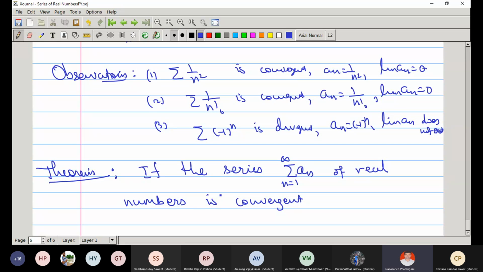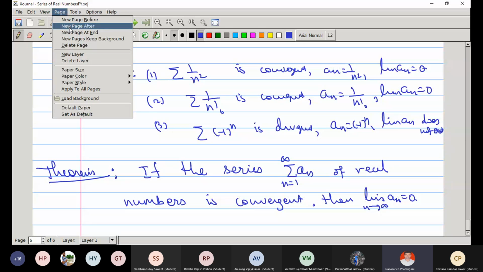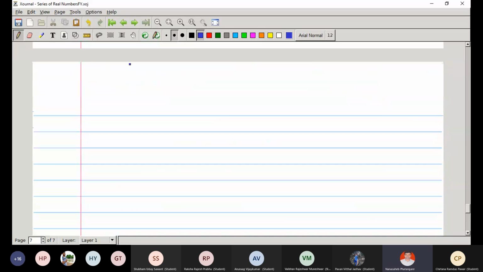If the series is convergent, then the limit of an is necessarily 0. This is one way, convergent implies. I have written the statement in one way.